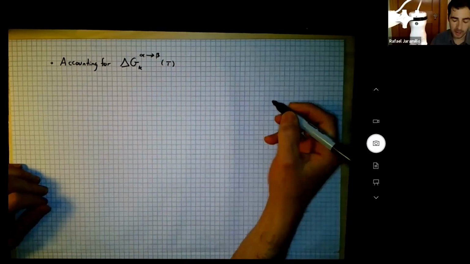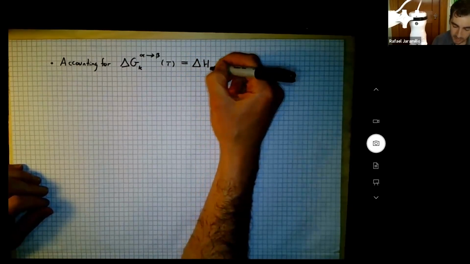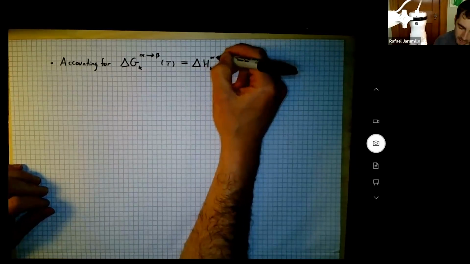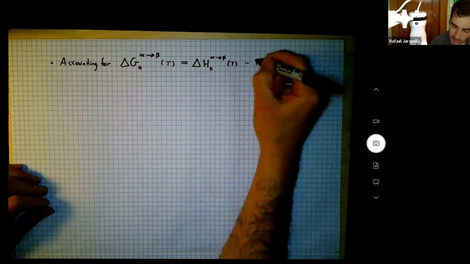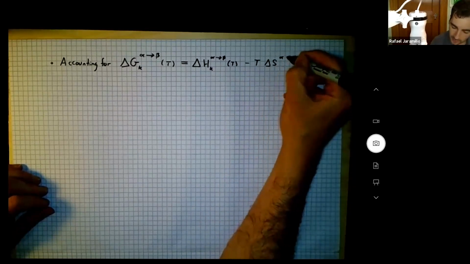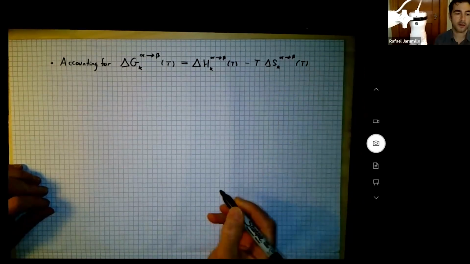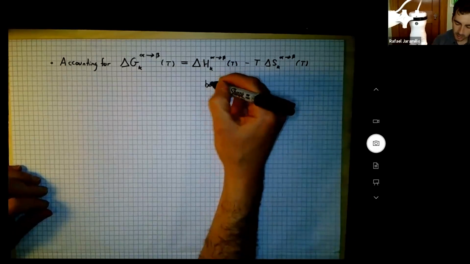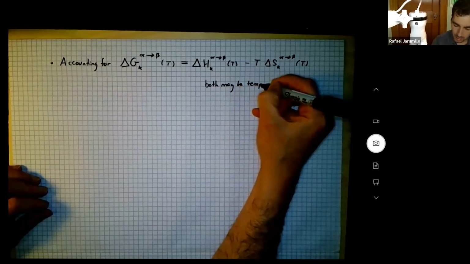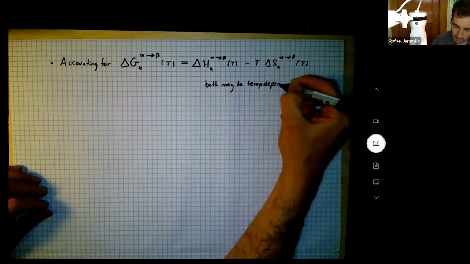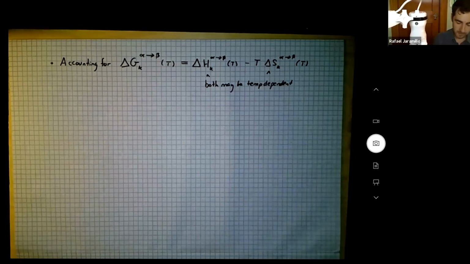That is temperature dependent. And as we've just written down, this is delta H, alpha to beta. And that thing is temperature dependent. Minus T delta S, alpha to beta. And that thing, of course, is also temperature dependent. Those both may be temperature dependent.